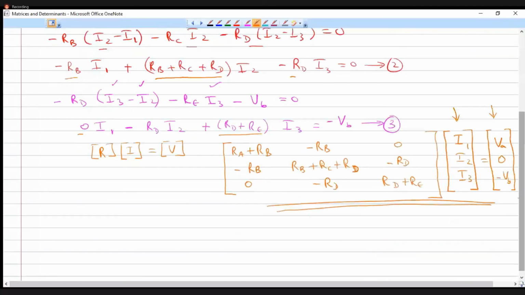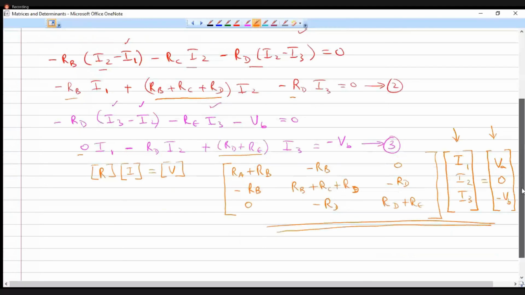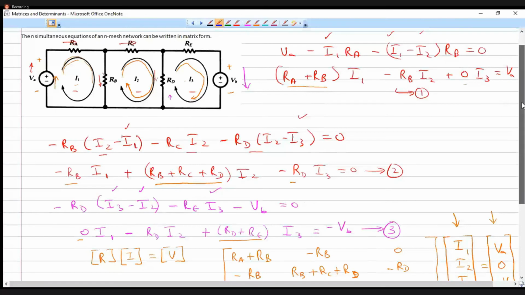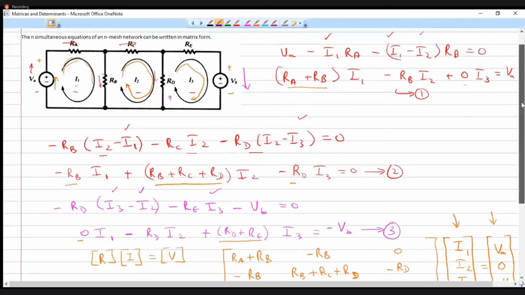Now, how can we easily write this? Anybody got any idea how we can easily write this matrix without writing all the KVL and KCL? If you have read the textbook, you will know. In the textbook, it is mentioned how we can write it directly.